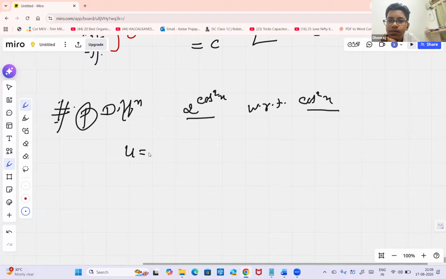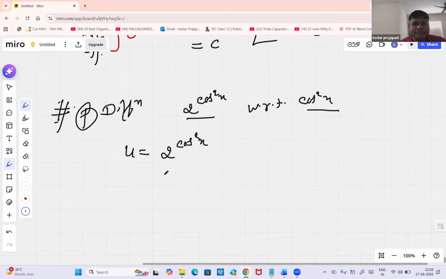So let u equal to 2 to the power cos square x, and v equal to cos square x. Okay?